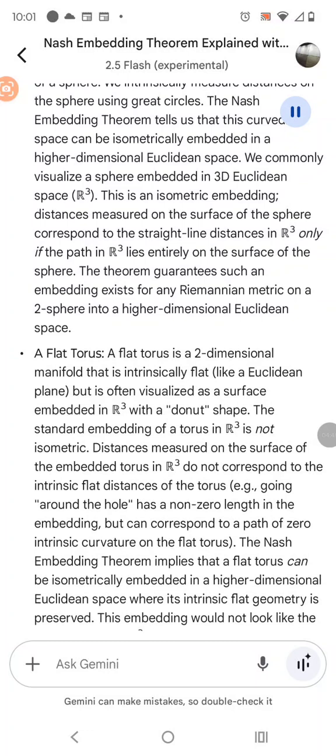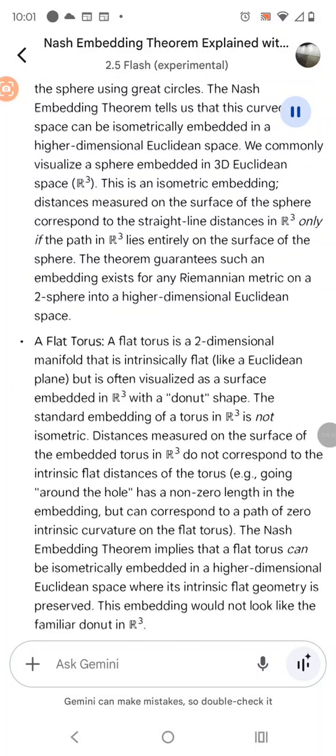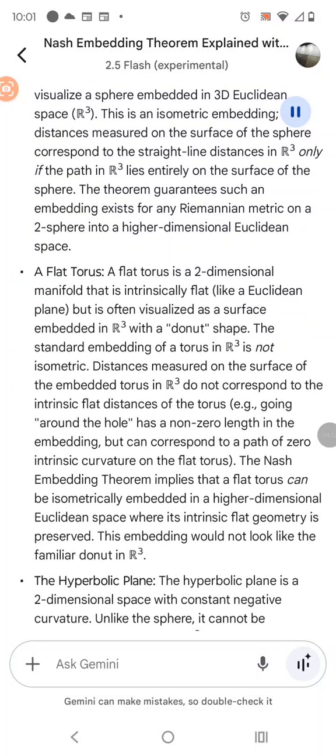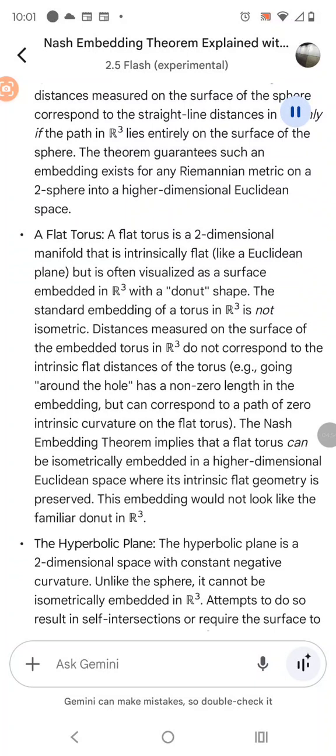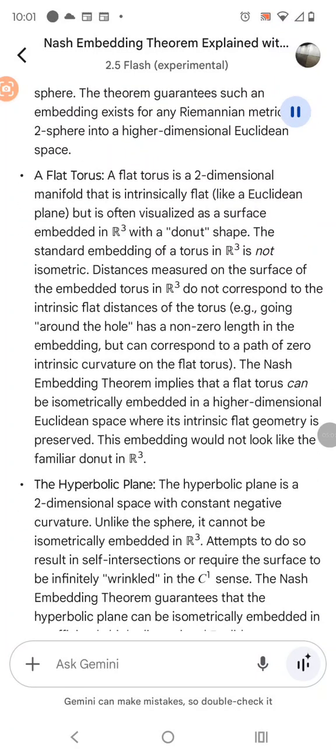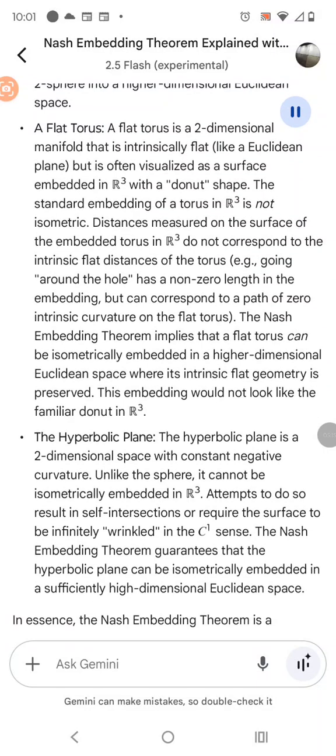Distances measured on the surface of the embedded torus in $\mathbb{R}^3$ do not correspond to the intrinsic flat distances of the torus, e.g. going around the hole has a non-zero length in the embedding, but can correspond to a path of zero intrinsic curvature on the flat torus. The Nash embedding theorem implies that a flat torus can be isometrically embedded in a higher dimensional Euclidean space, where its intrinsic flat geometry is preserved. This embedding would not look like the familiar donut in $\mathbb{R}^3$.